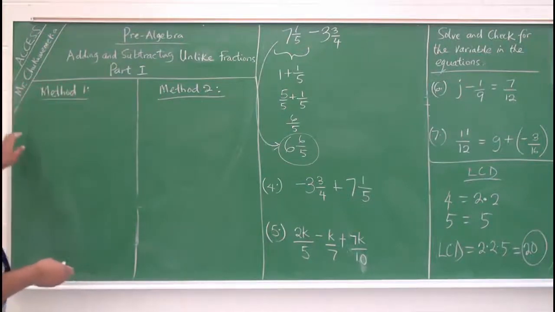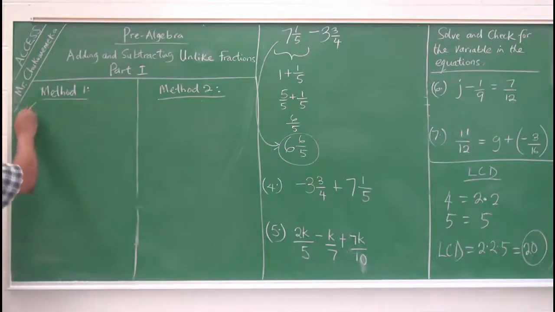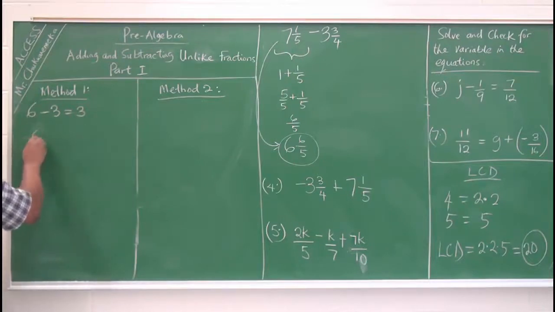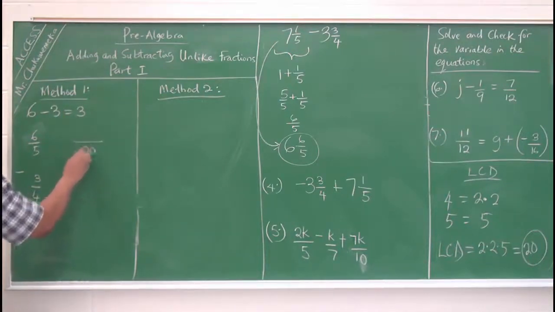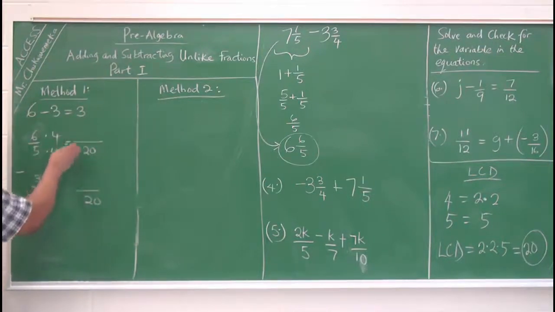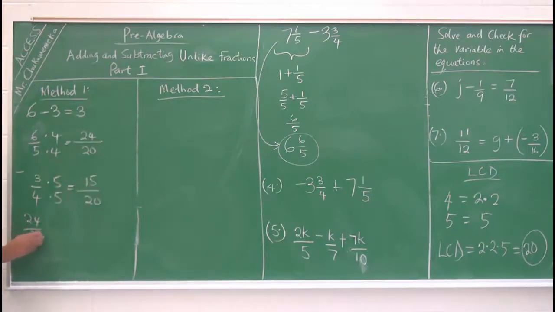So this will now be 6 minus 3 will give you 3. And then 1 over 5. Now we now have 6 over 5 minus 3 over 4. So of course we have out of 20 here. Out of 20 is 5 times 4. So this will be 6 times 4, which is 24. This is 4 times 5, 3 times 5, which is 15. So we can now have 24 over 20 minus 15 over 20.